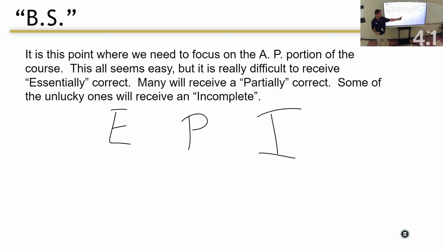Essentially correct, partially correct, incomplete, but incorrect. Your job is to get as many of these as you can. You don't have to get all of these. Depending on how many of these you get, you don't have to get all the big ones, but you're trying to, right?